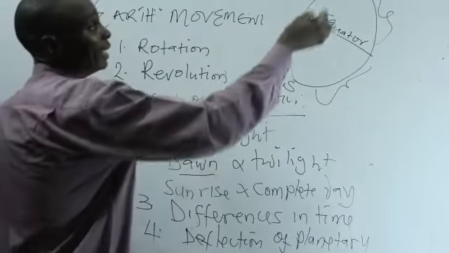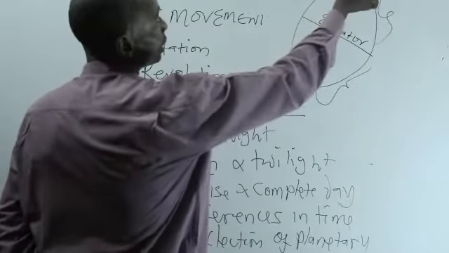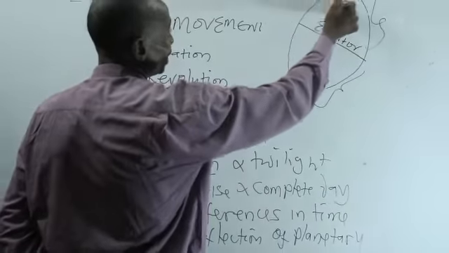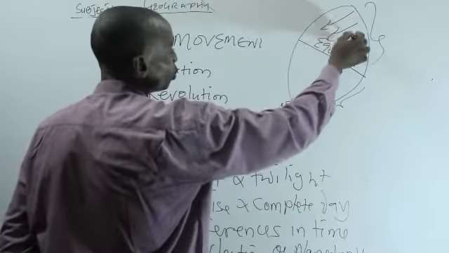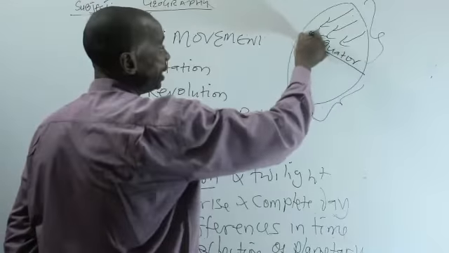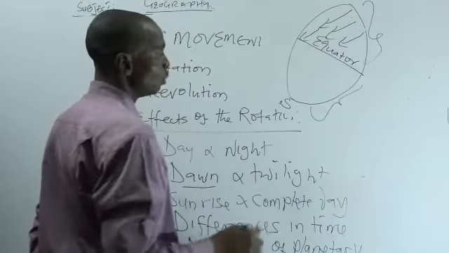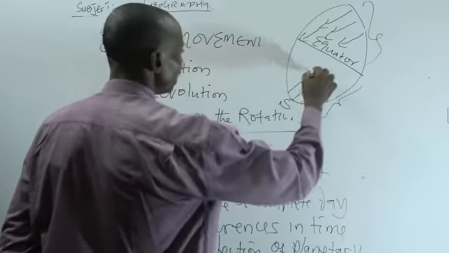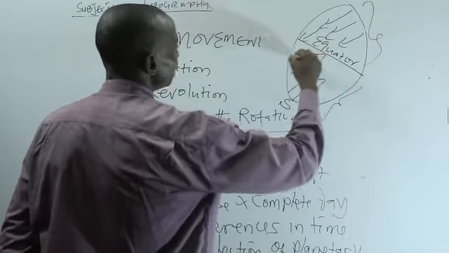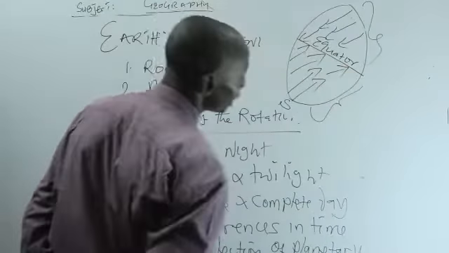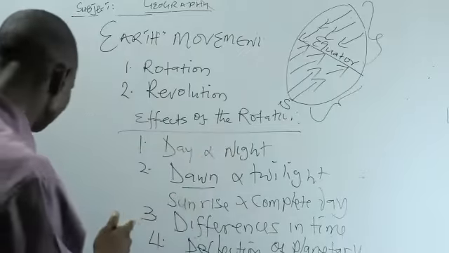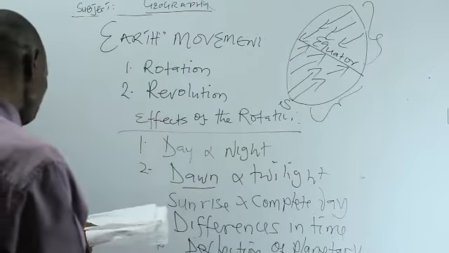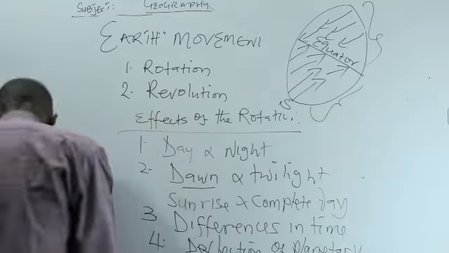As the earth moves, the wind that blows from the northern hemisphere is deflected to the what? Deflected to the right. While the wind that moves from the southern hemisphere is deflected to the what? Deflected to the left. All this is the effect of Earth's rotation, the movement of the Earth.